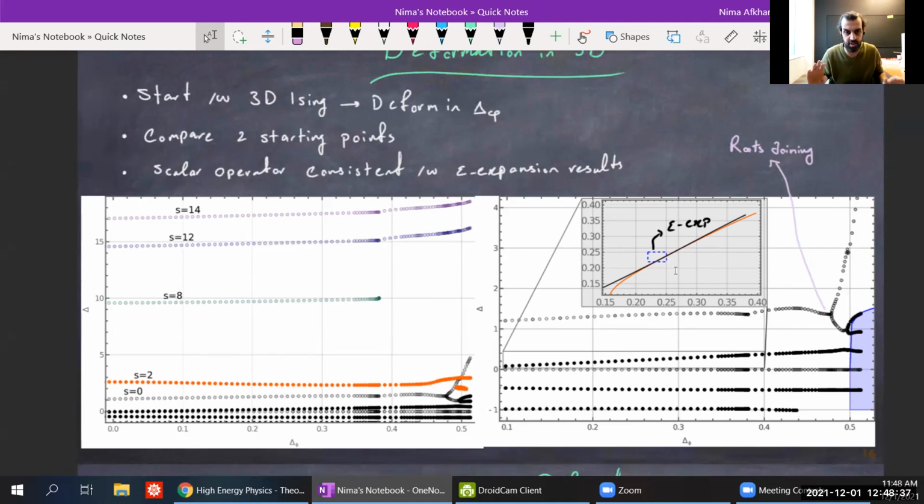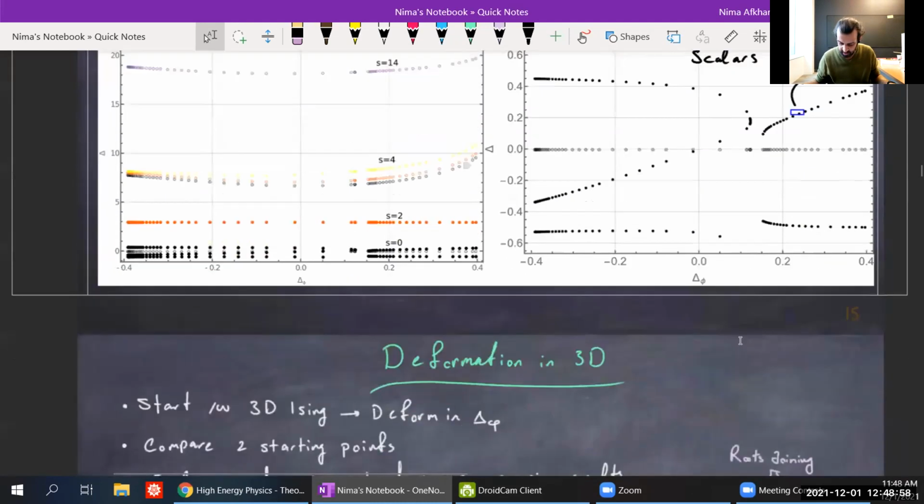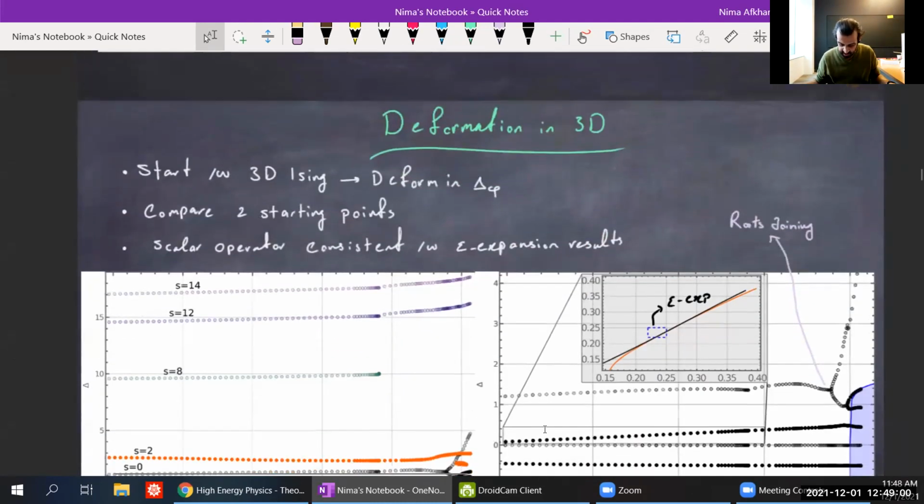So writing some code to automate this will go a long way towards exploring these extremal flows. But in any case, I can do that, and I see that the deformation in this case, when I look at the scalar operator spectrum, also has a root that goes through the same point. So you have these two: this orange is this thing over here, and the black is this thing over here.